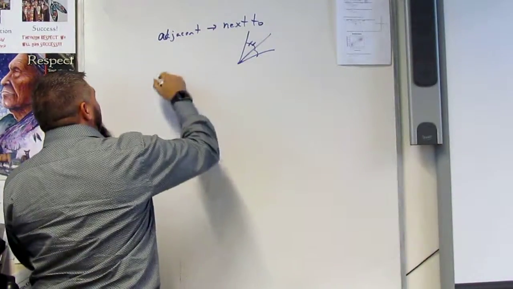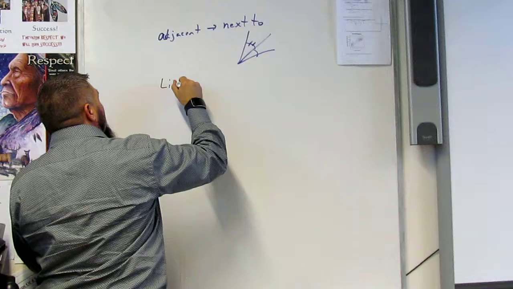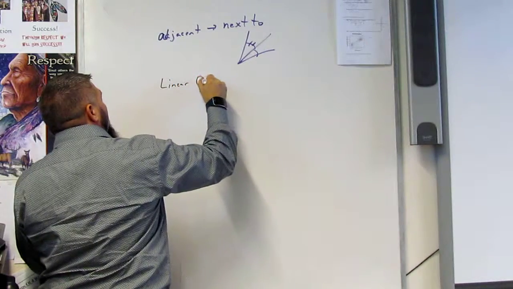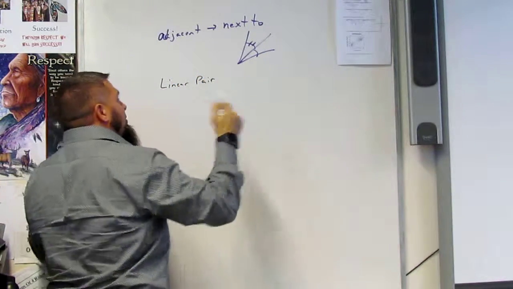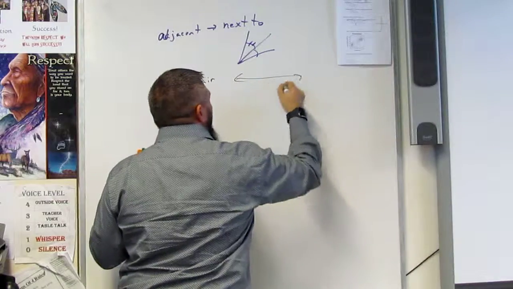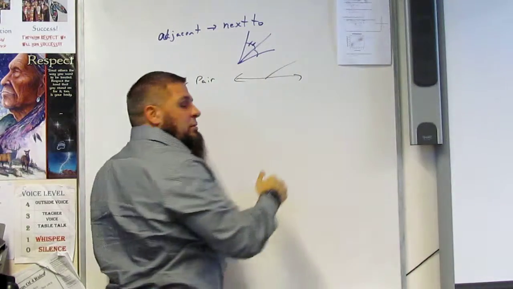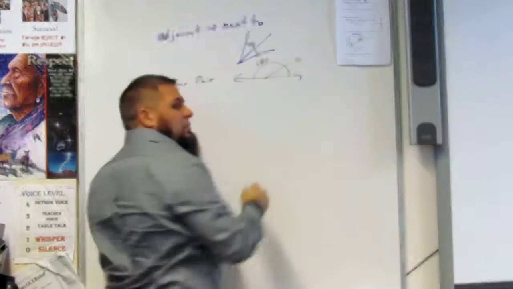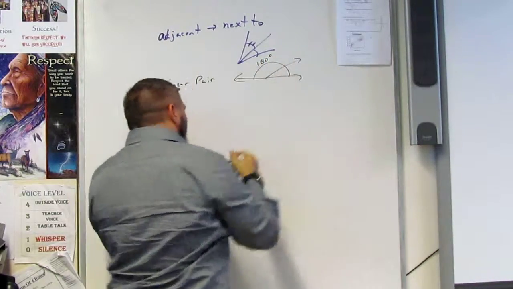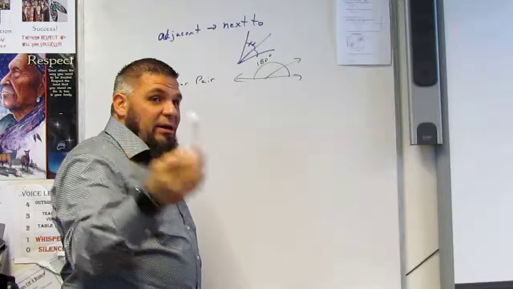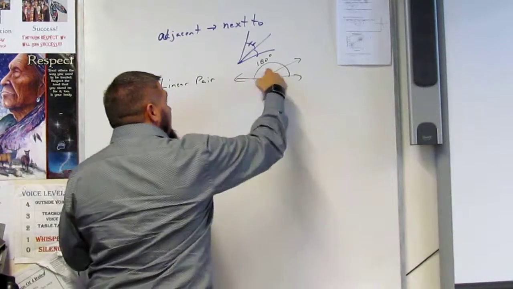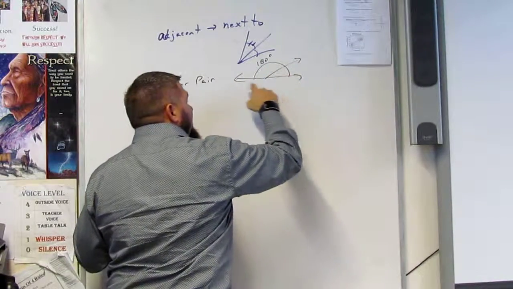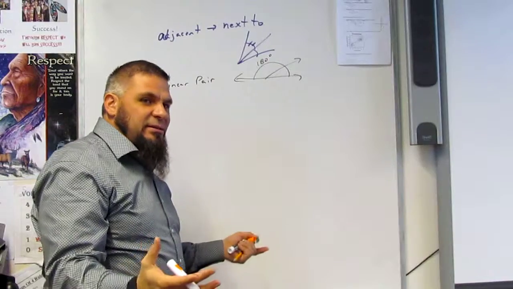We've also got linear pair. That just means two angles that create a line. Two angles that create 180 degrees. Okay? One thing about a linear pair is, if they create a line and they're a pair of angles, are they adjacent?